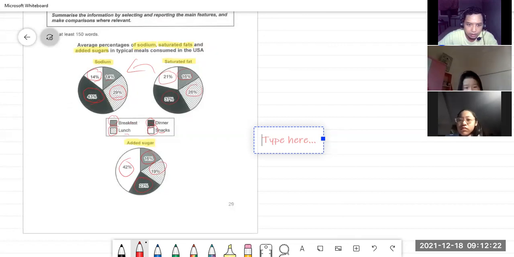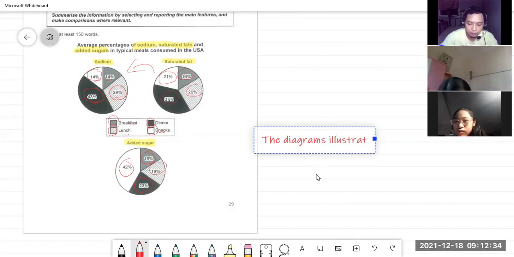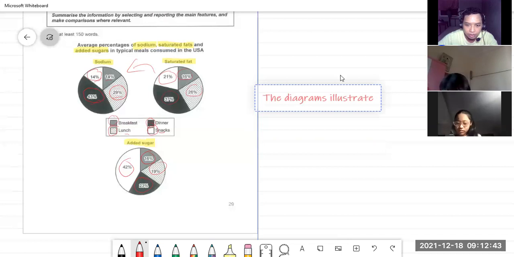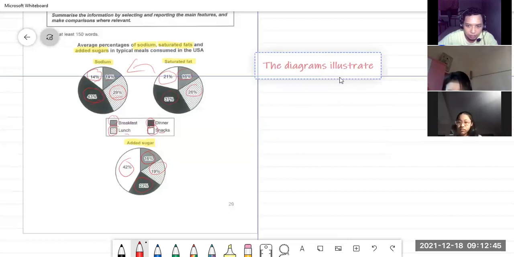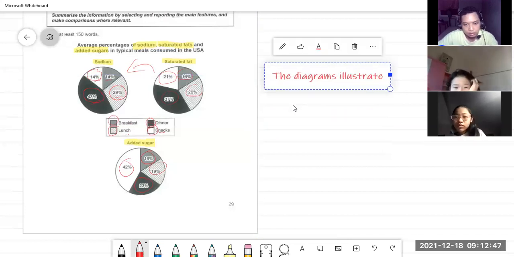So we can write, the diagrams illustrate. Okay, what do the diagrams illustrate on the left? Who can answer?